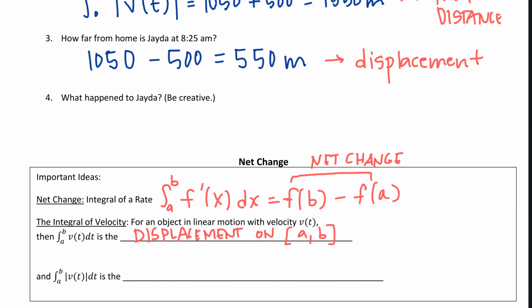The integral of the absolute value of the velocity function, that is total distance. So this will be total distance.